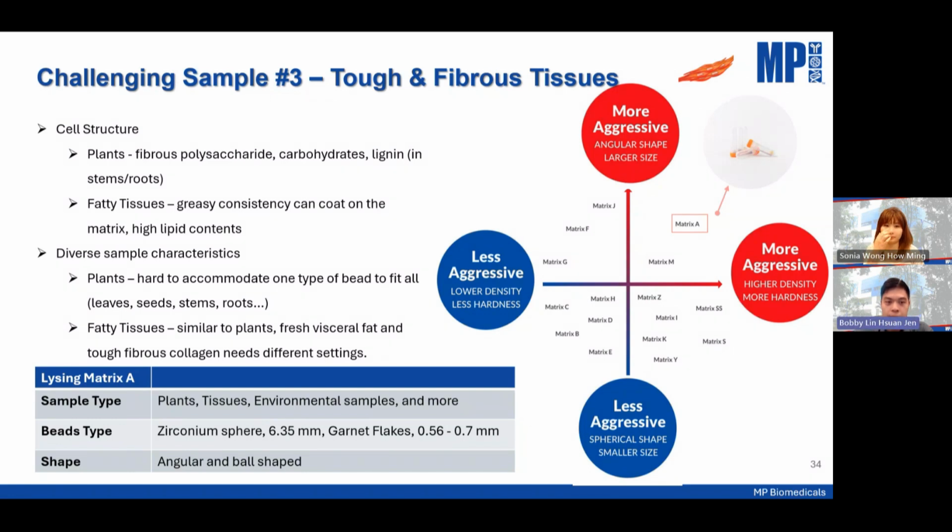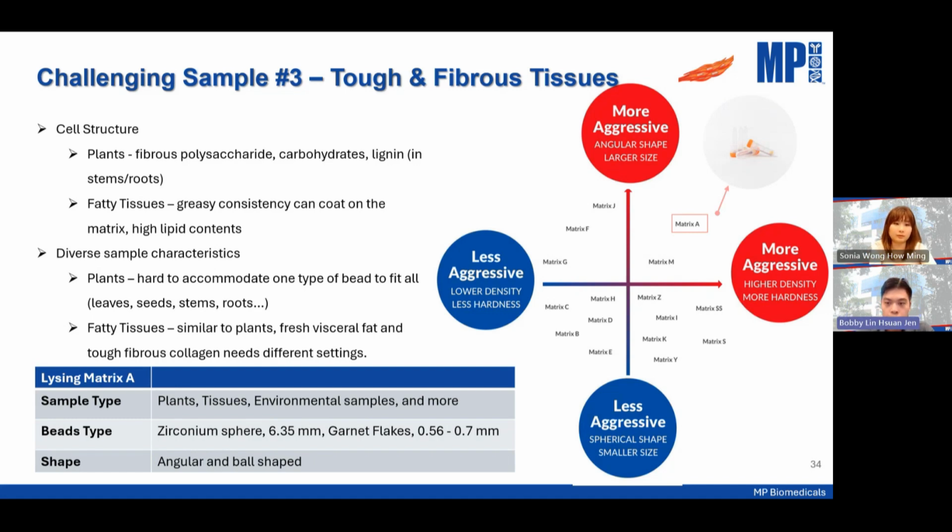With plants, they're usually fibrous and also contain a lot of carbohydrates, especially lignins in stems and roots. So this makes them very hard to disrupt. And as for fatty tissues, they're very greasy, so the consistency can also affect our outcome. I believe a lot of our users are extracting from these types of tissues.